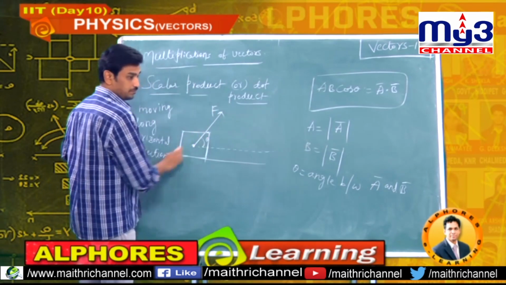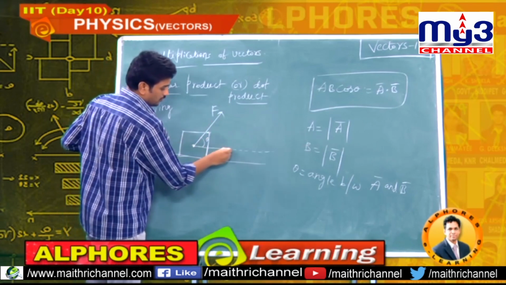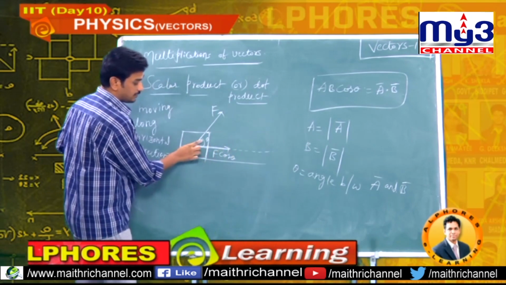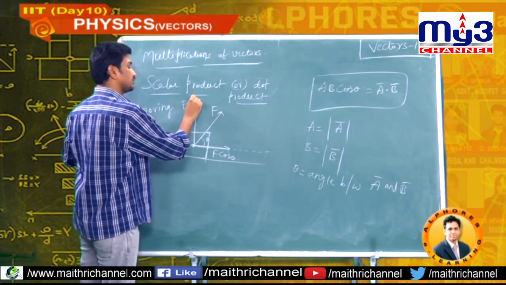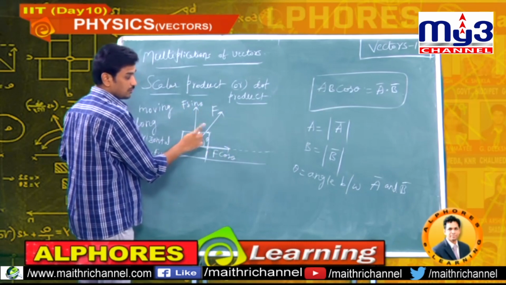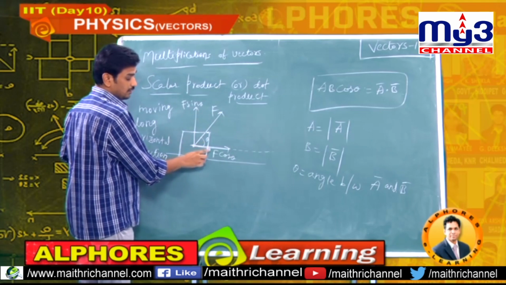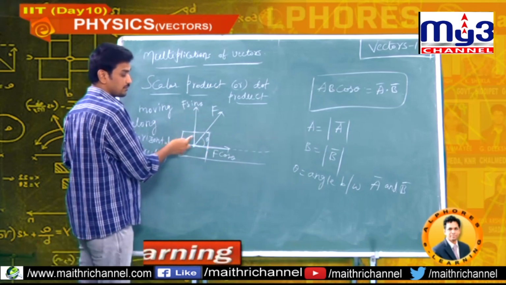Let the angle be theta. Force in 2D: the horizontal component is F cos theta, the adjacent side to theta. This is F sin theta. Vector components are always the two sides of the vector. So this one is F cos theta, the other one is F sin theta.